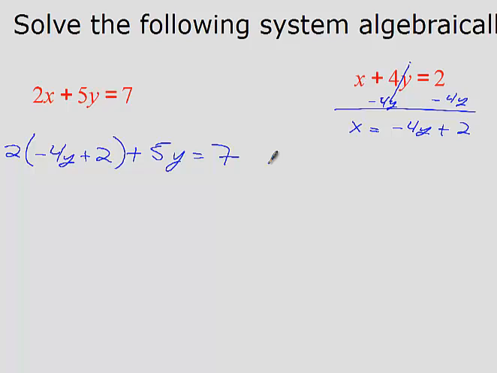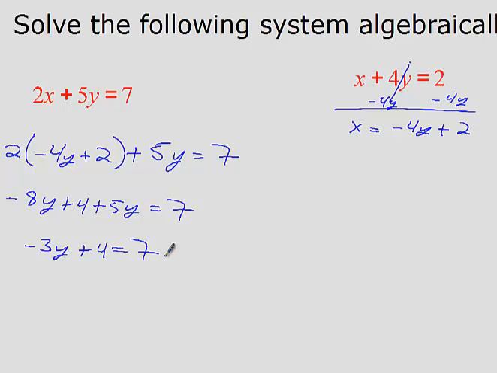I only have y. So now what do you think I'm going to do? Solve for y. Okay? So I'm going to distribute the 2, get rid of parentheses first. Okay? On the left side, is there anything that can group up? Is there anything that has same variable, same power? The y's. So what's negative 8y plus 5y? Negative 3y.